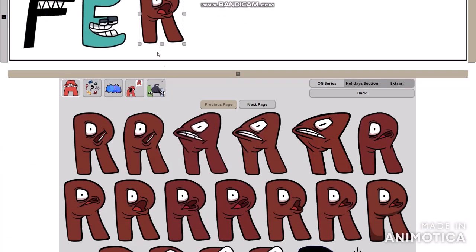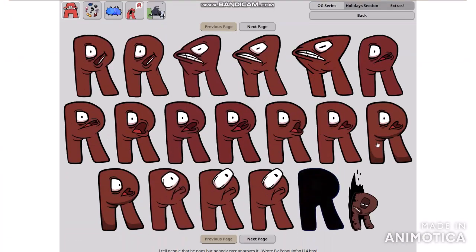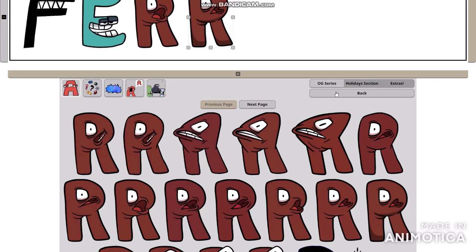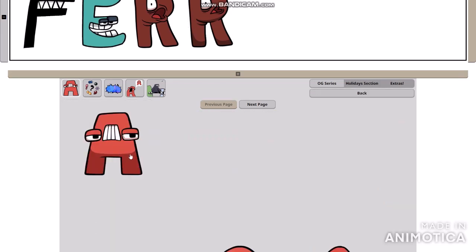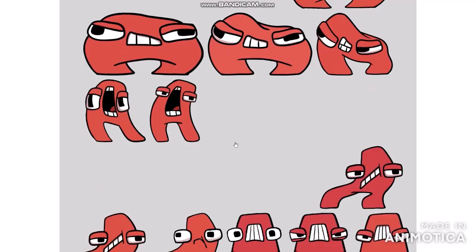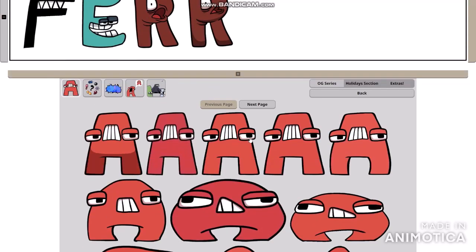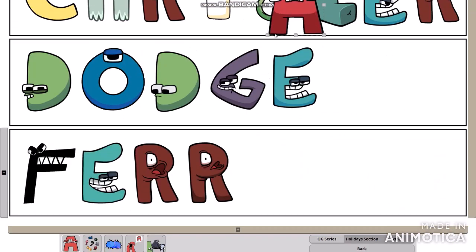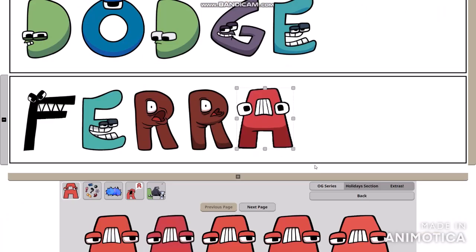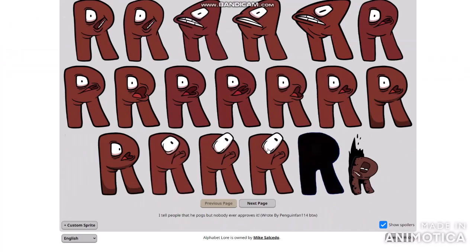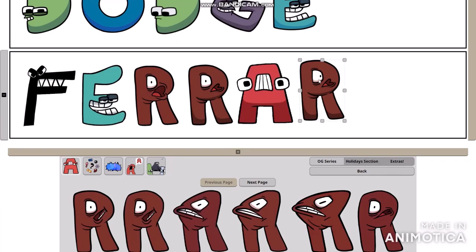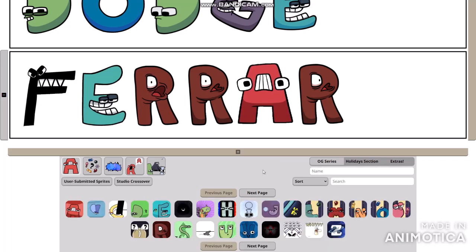So we have this probably for only one reason, and we're still going for the letter A, and I really think it's still going to be loading for so long, and it sounds pretty good. And we just added another R over here, and I just added so many R's over here.